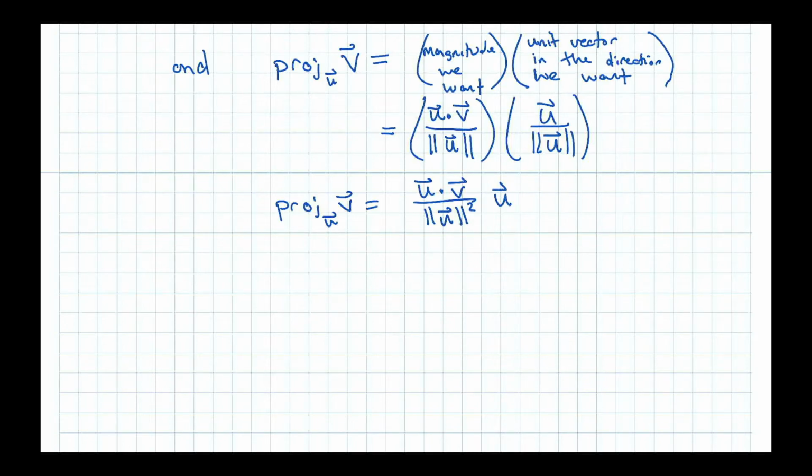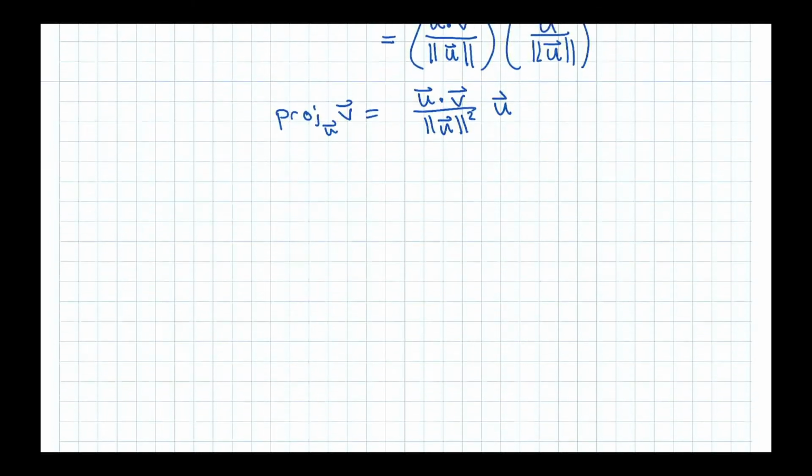So this is one way that you'll see it. Also, you might remember what the magnitude of something squared is. The magnitude of a vector squared is just the dot product of the vector with itself.